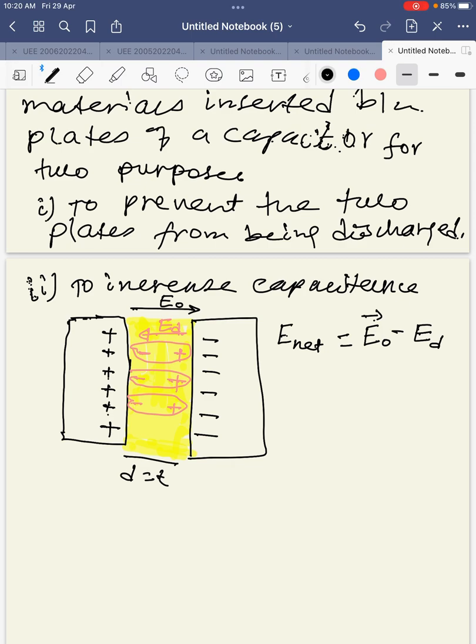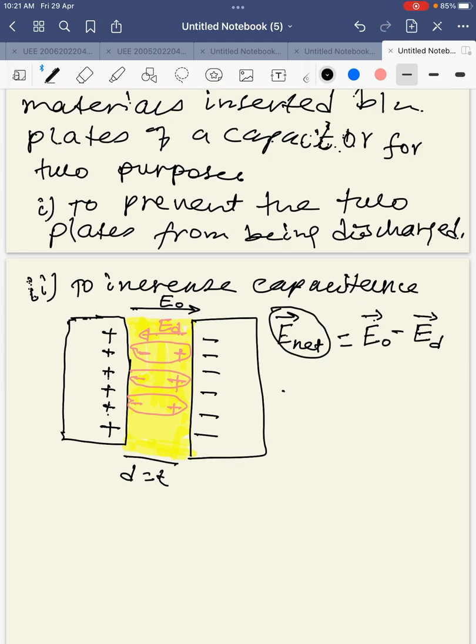Now you understand that when dielectric is inserted, the dielectric itself produces a little electric field which is opposite to the external electric field. As a result, this electric field decreases.